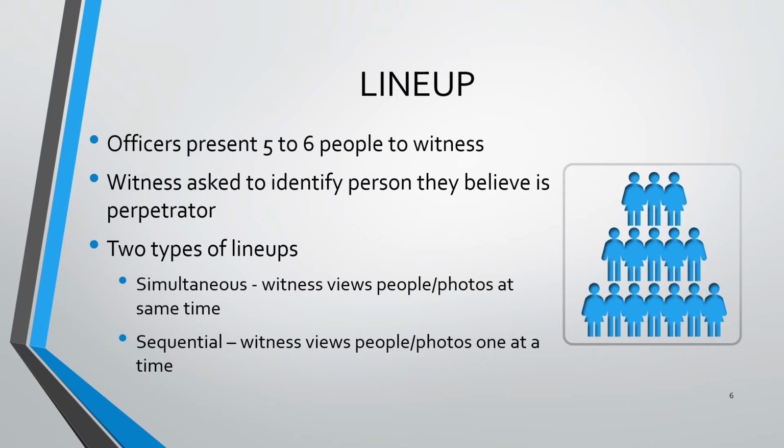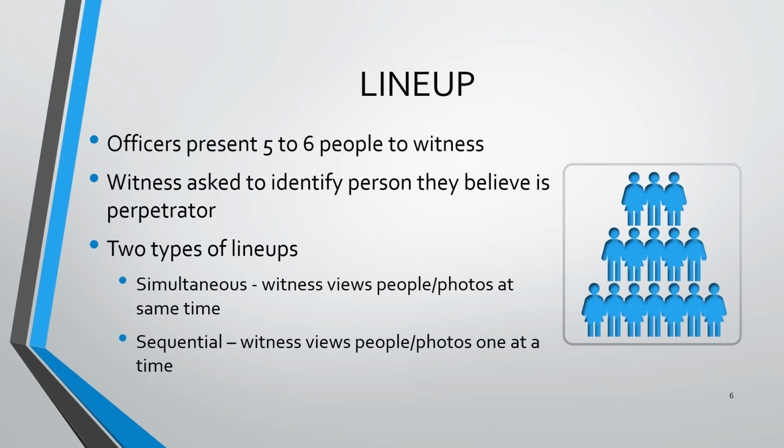But which method is better? A problem associated with simultaneous lineups is that when the perpetrator is not present in the lineup panel, the witness sometimes chooses the lineup filler who most closely resembles the perpetrator, but obviously is not the perpetrator him or herself.